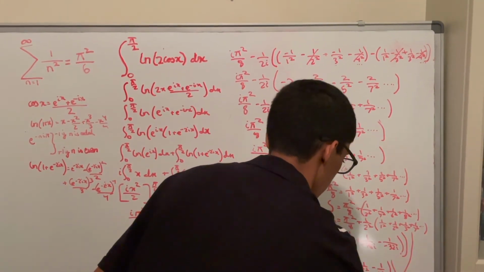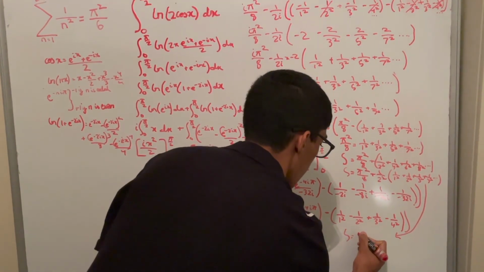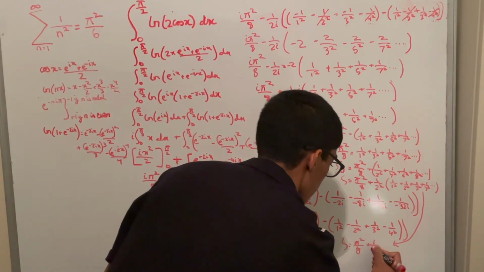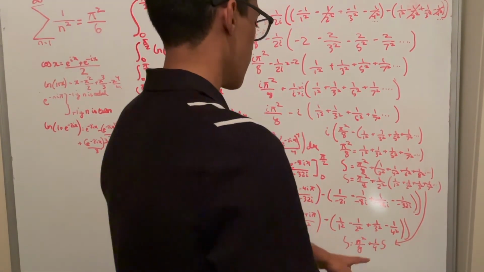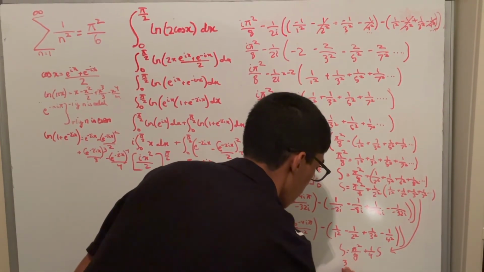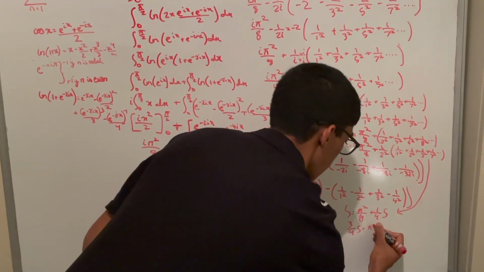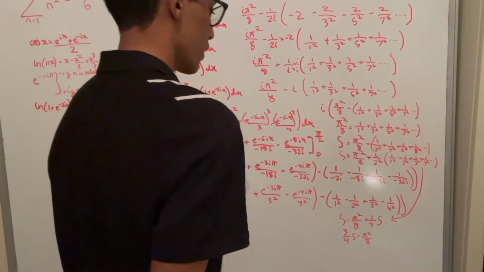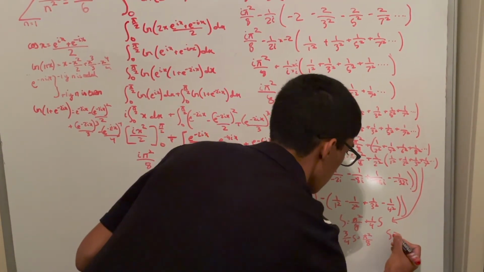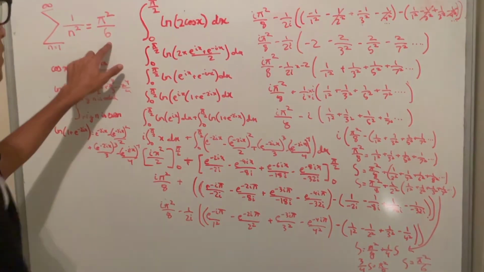So if we come down here, we have s is equal to pi squared over 8 plus 1 over 4 s. Thus, if we take 1 over 4 s to the other side, we have 3 over 4 s is actually equal to pi squared over 8. And if we divide both sides by 3 over 4, we have s is equal to pi squared over 6, which is exactly what we were looking for.